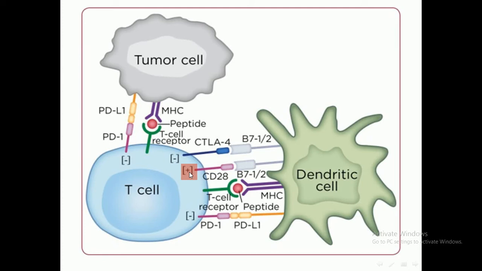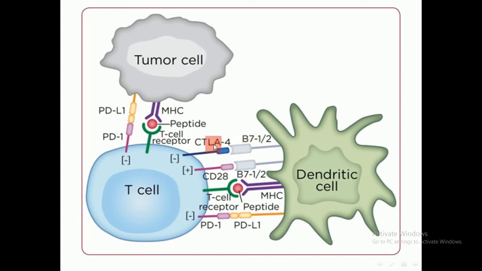And here the plus sign, and here the minus sign, which indicates inhibition of T lymphocyte activation, and here the minus sign means this is the second checkpoint that inhibits T cell activation.